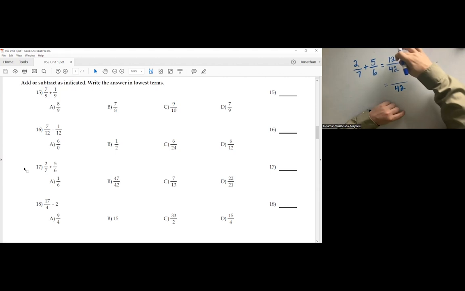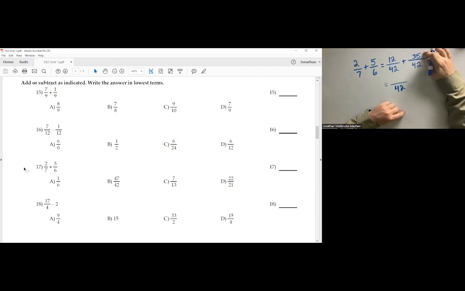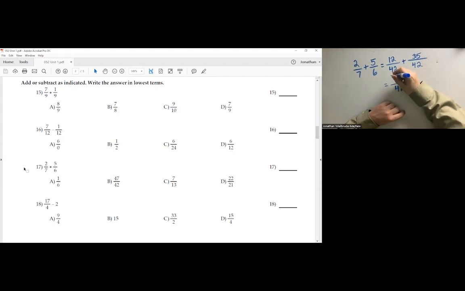Add across the top. 12 plus 35 is 47. 47 over 42. We don't have to change that to a mixed number. We can see that because there are no mixed number answers, because there wasn't a mixed number given in the problem.